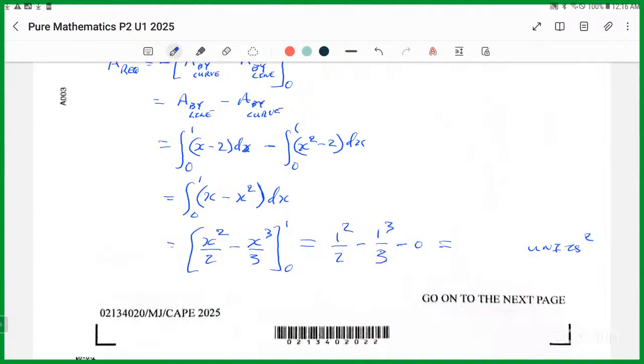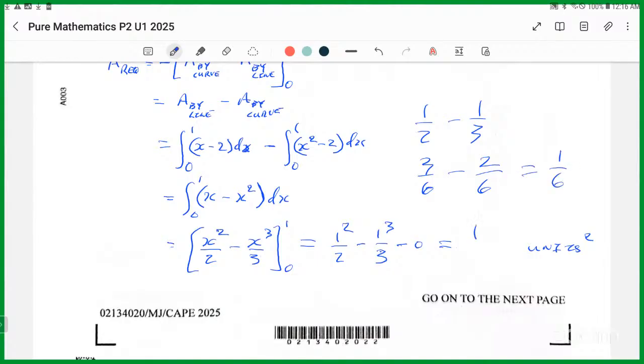A half minus a third. So a half is 3 over 6, minus a third is 2 over 6. That is 1 over 6.